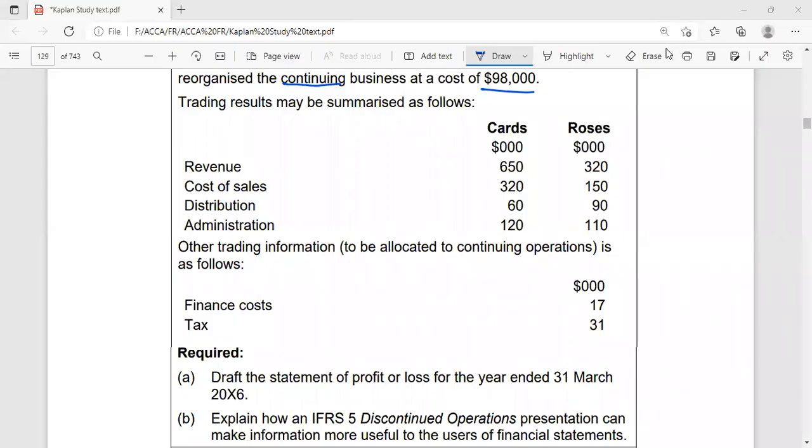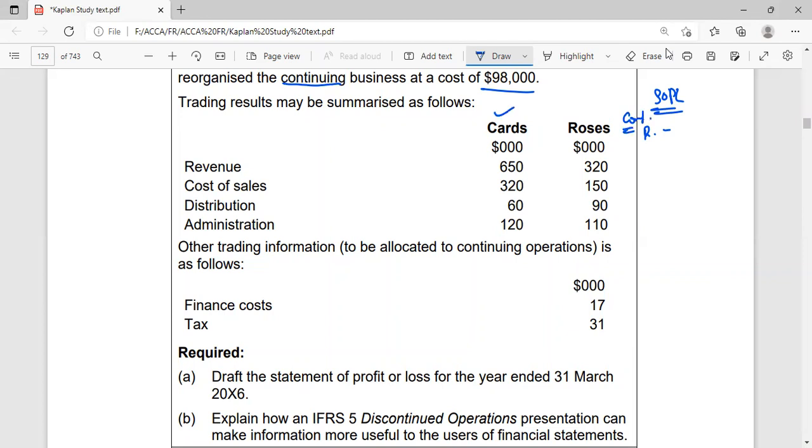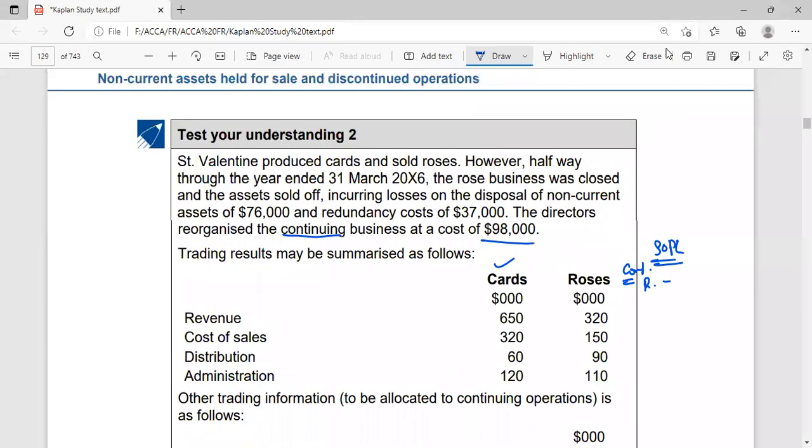So how to prepare the draft statement of profit and loss. First, revenue. So what are the continued operations? Continued operations are cards, and roses are discontinued operations, right? The rose business was closed.